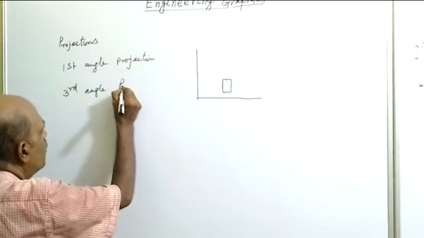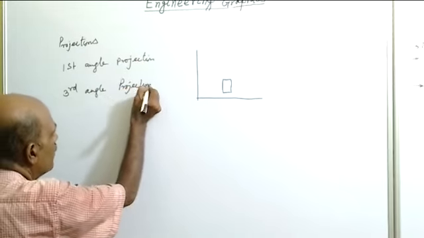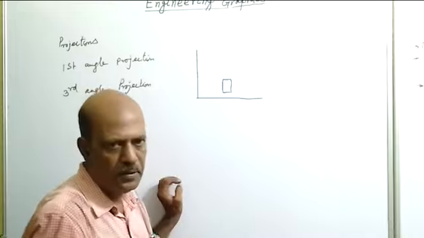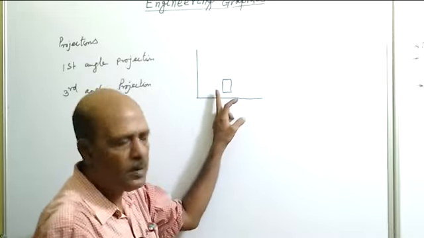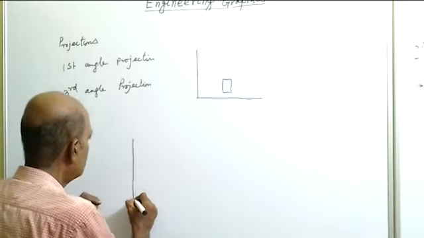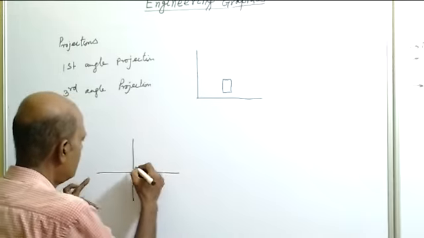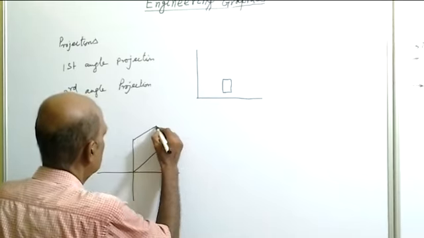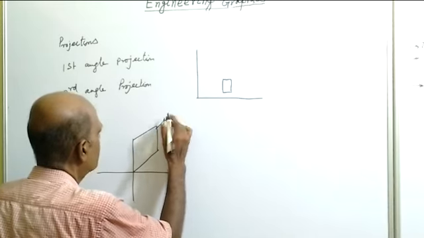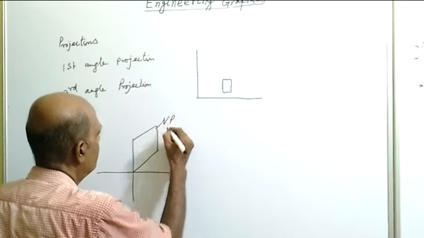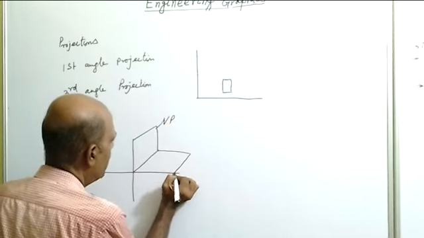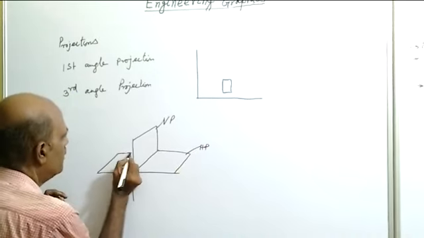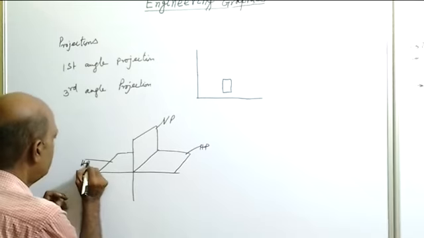In first angle projection, the object is placed in the first quadrant. Let's clear our concept by considering a three-dimensional view. This is called the VP, vertical plane, and this plane is known as the horizontal plane, HP.